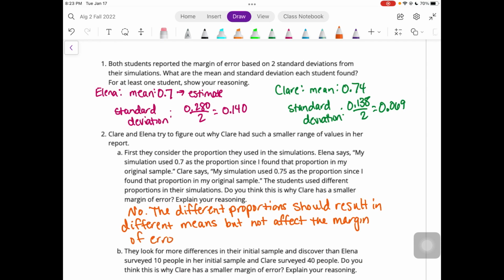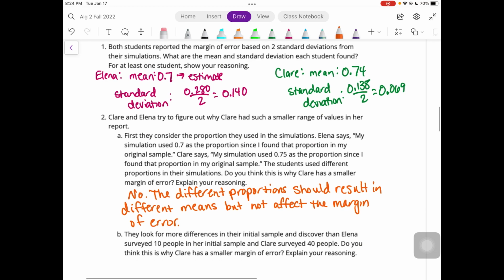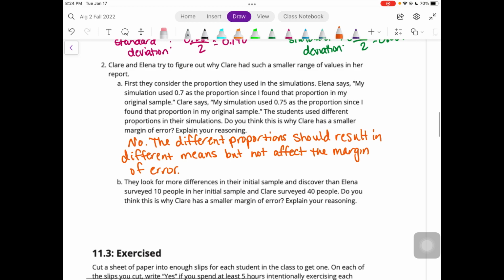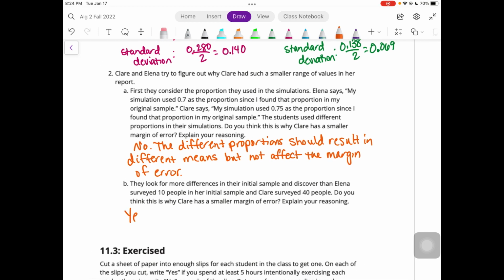All right, so part B, they look for more differences in their initial sample and discover that Elena surveyed 10 people in her initial sample and Claire surveyed 40 people. Do you think this is why Claire has a smaller margin of error? Yes, because she had a larger sample. So with a larger sample, a larger number of subjects in the sample, she was able to capture more of that variability, right?